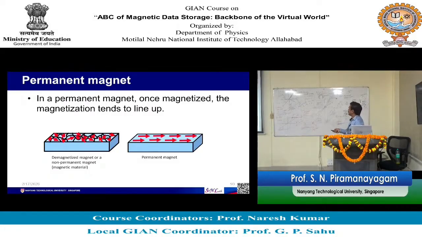But let us say you heat your magnet to a certain temperature, what happens is that the magnetizations are not now pointing in the same direction, but they are in random direction. Okay. This will be the case. Let us say you make a fresh piece of neodymium iron boron. Okay.